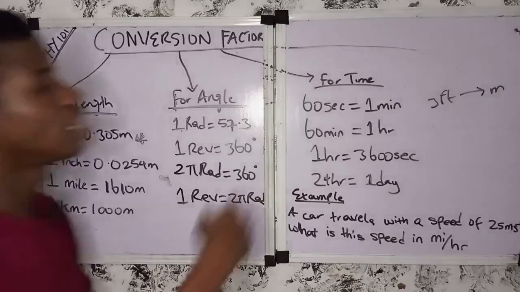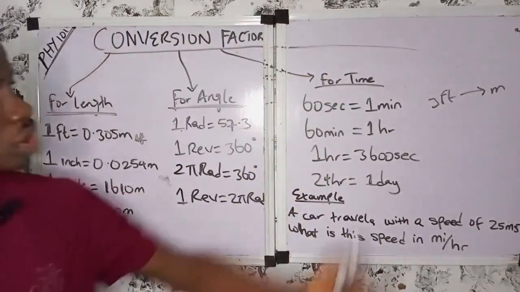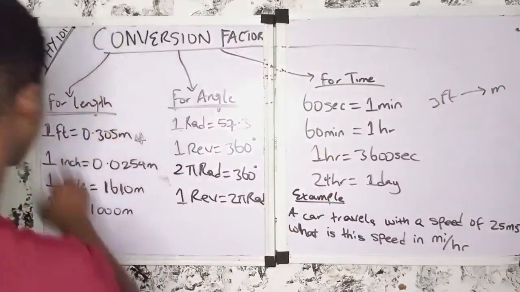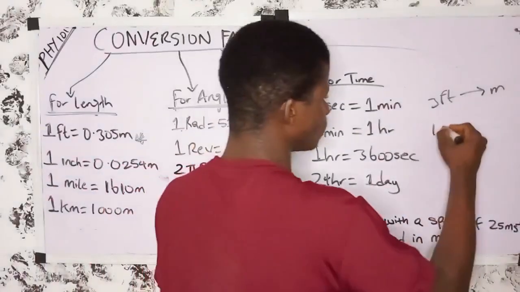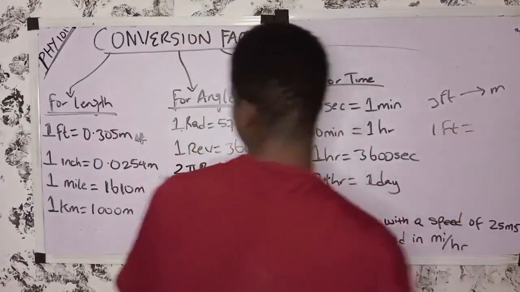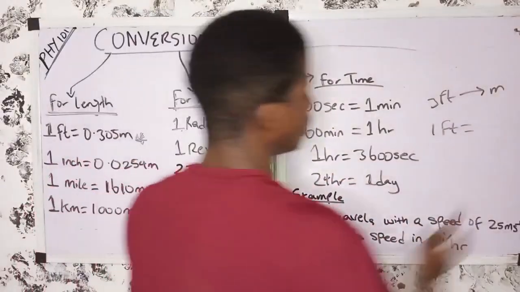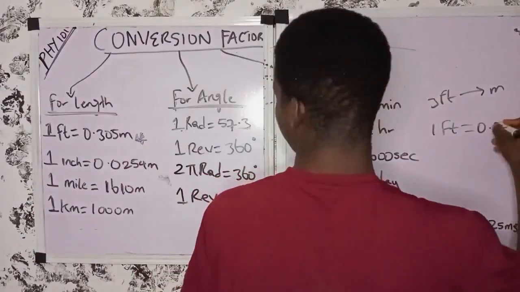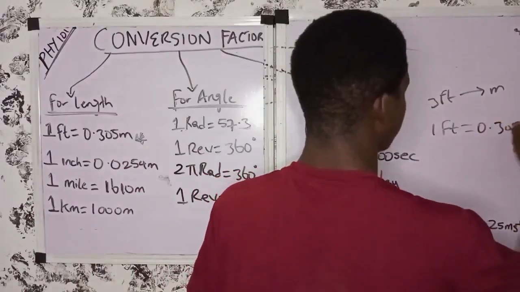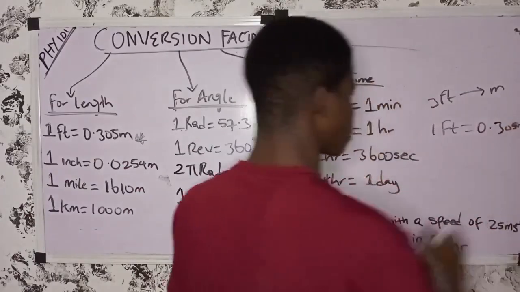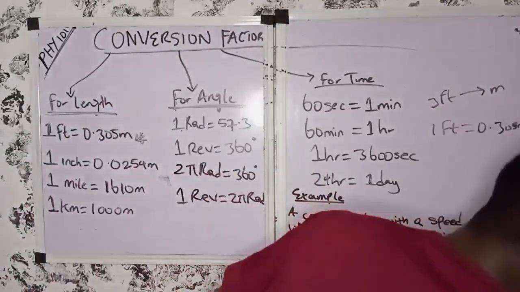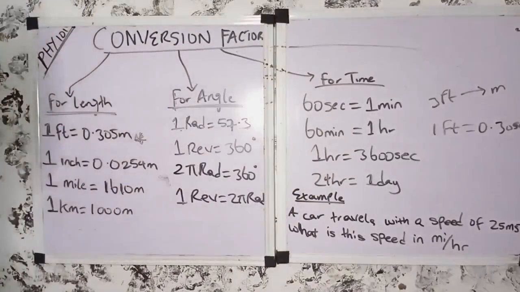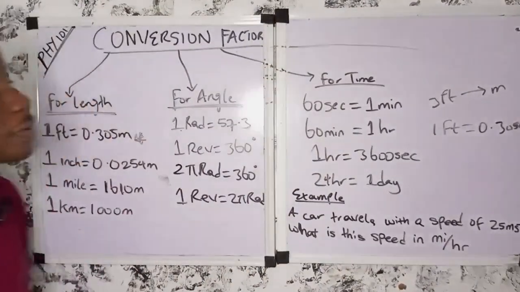Now, for example, they say convert 3 foot to meter. It's very easy. Use this first relation. Just like this, you say, okay, if 1 foot is equal to how many meter? Is equal to 0.305 meter. Please cram them up because you are not going to carry your book to the exam.